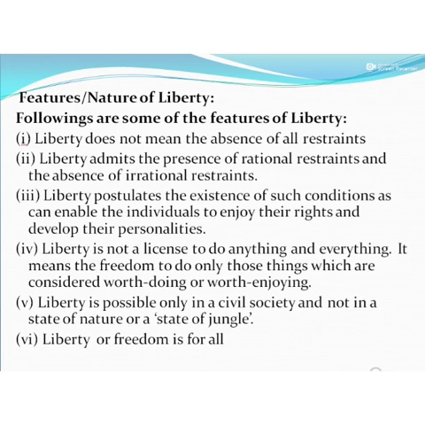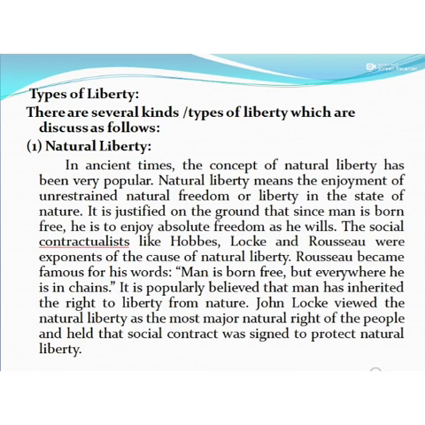Now we shall discuss the types or kinds of liberty. There are different kinds of liberty, which we shall discuss as follows. First is natural liberty. In ancient time, the concept of natural liberty was very popular.